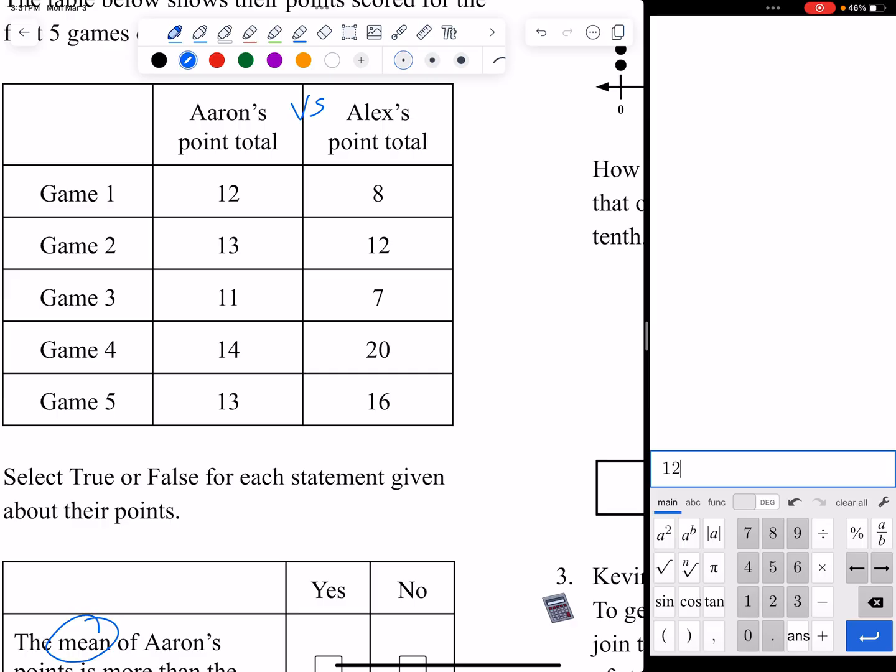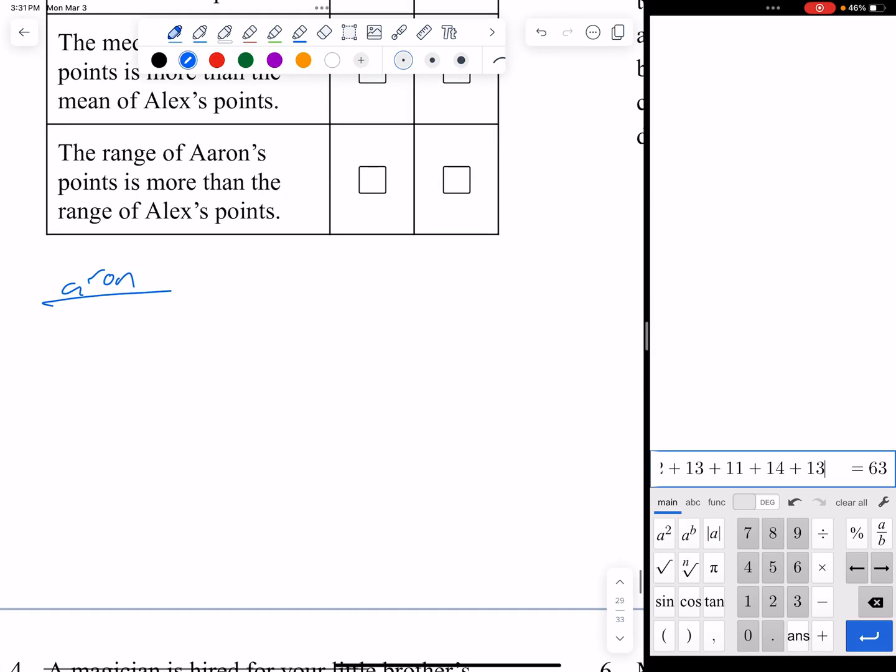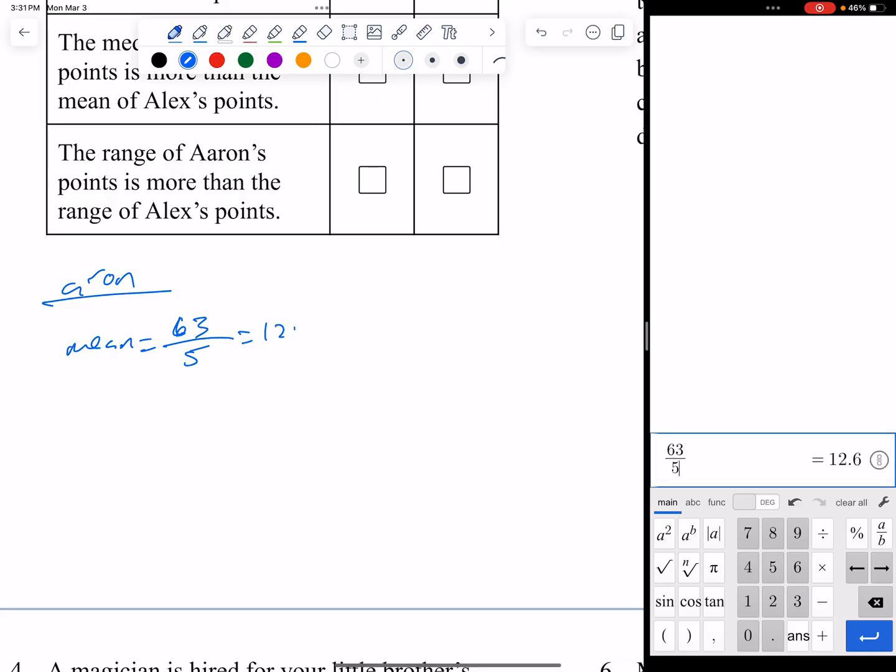I got 12 plus 13 plus 11 plus 14 plus 13. So for my mean, I got 63 total points divided by 5 games. So if I take 63, divide that by 5, I get 12.6 points per game.